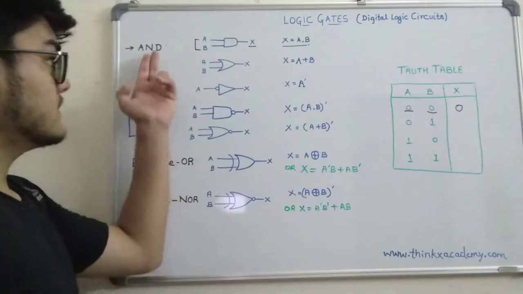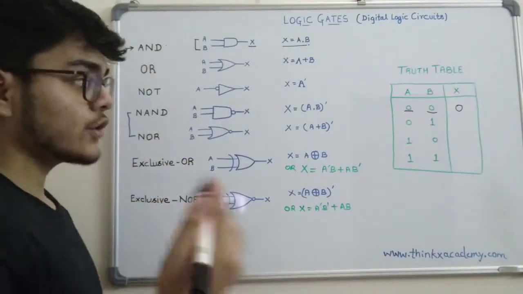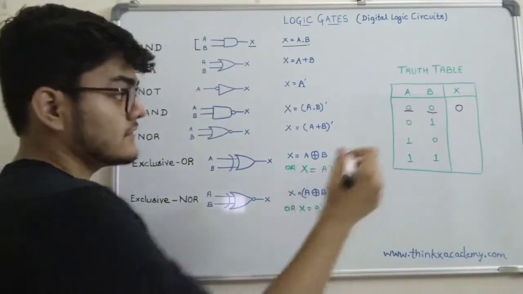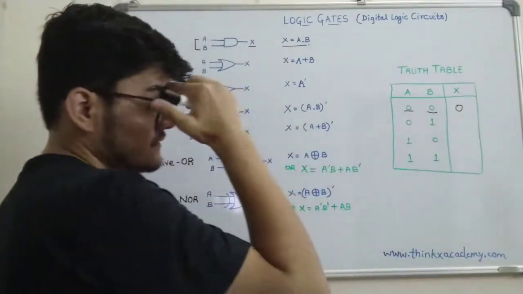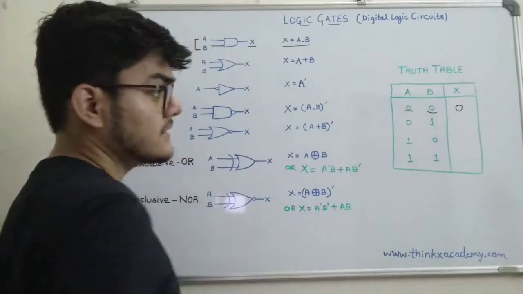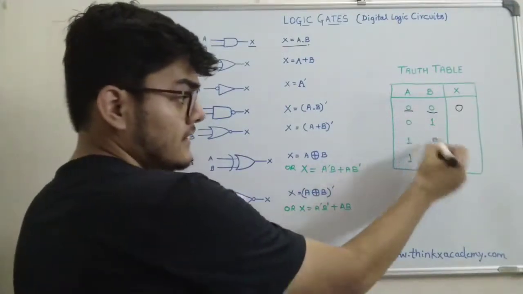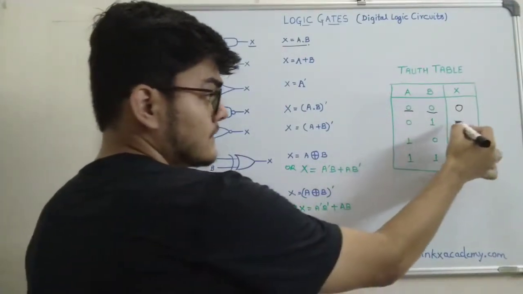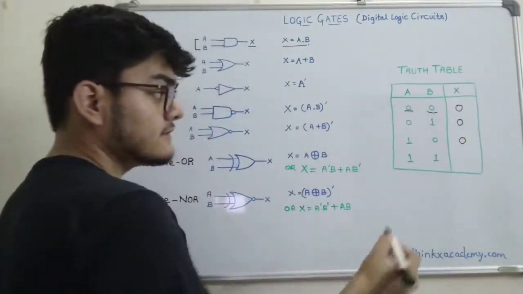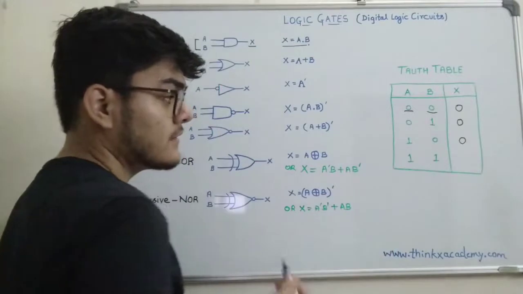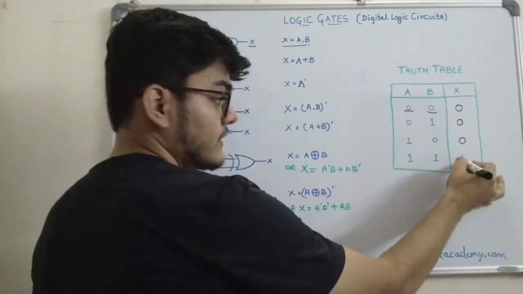It works like the AND operator in maths. If any one of the inputs is 0, then again the output will be 0. But if both the inputs are 1, then the output will be 1.